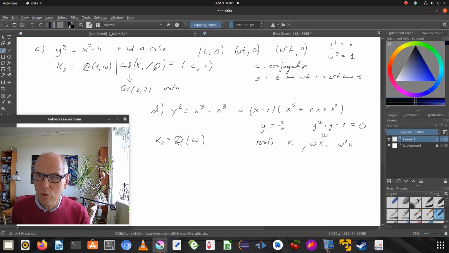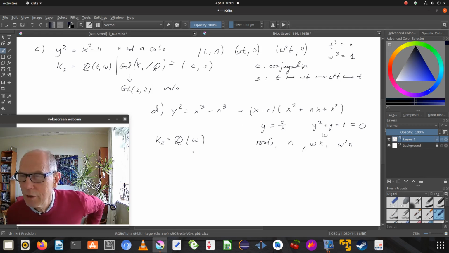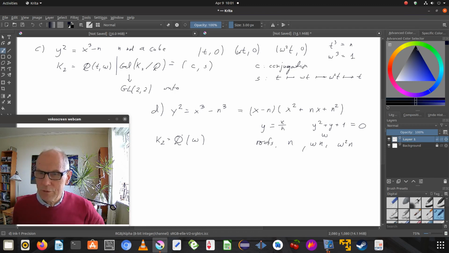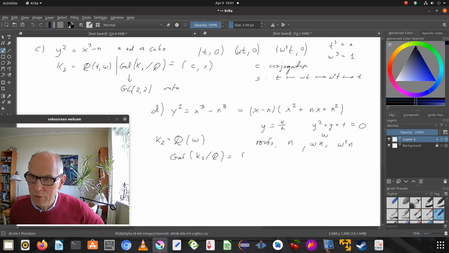So it's order 2 over the rational numbers. So it contains the identity and then complex conjugation. Or the conjugation, which is the complex conjugation.